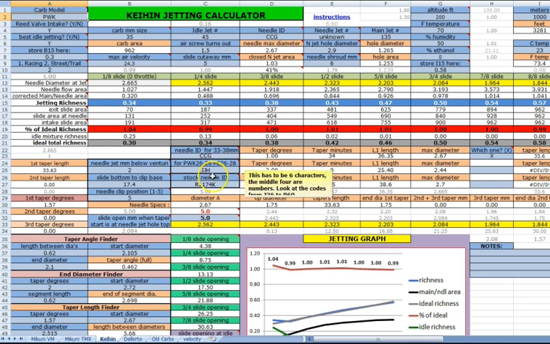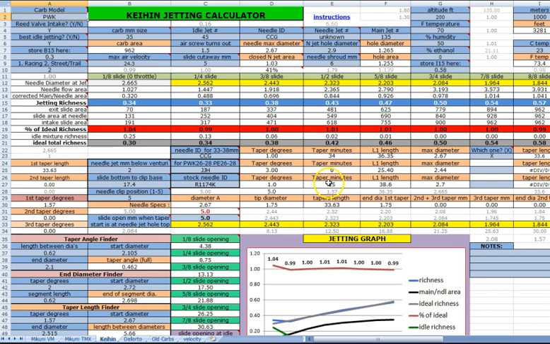And this is stock needles. I think the KDX 200 comes with the R1173N, I believe. So when you enter in the codes for any of these, it will tell you the taper degrees and taper minutes, which translates to full degrees right here.